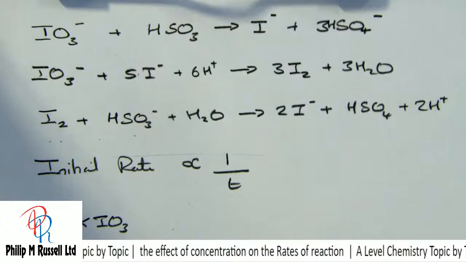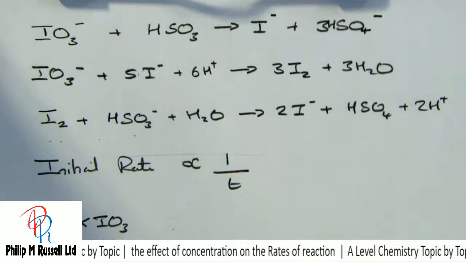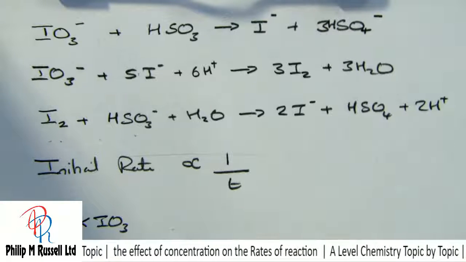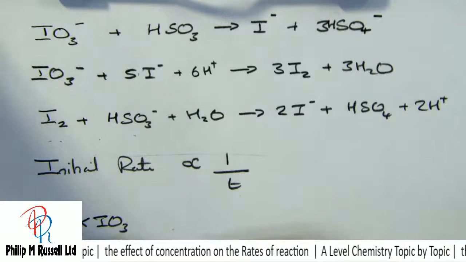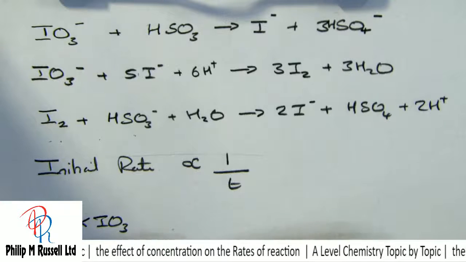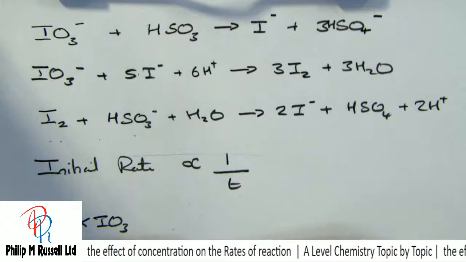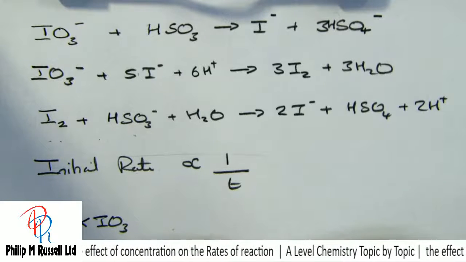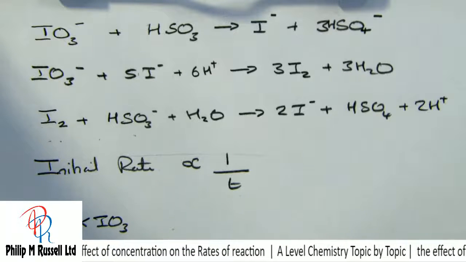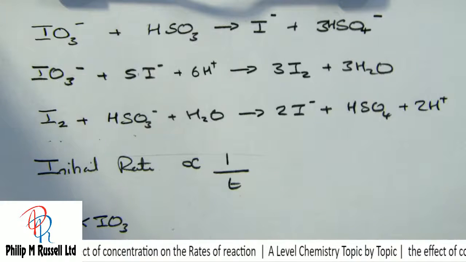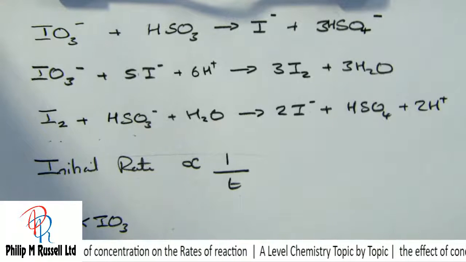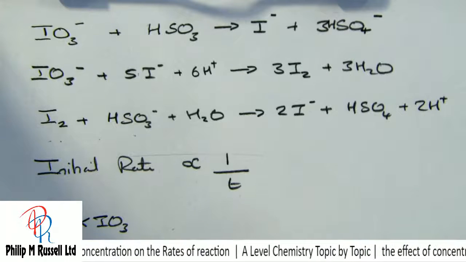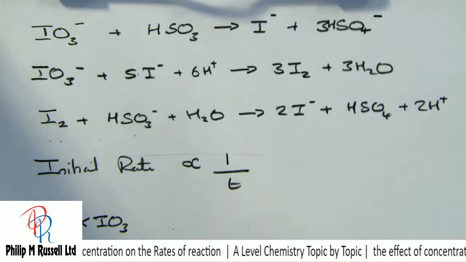Now if we do a few calculations on this, then we get this idea that the molecular weight of KIO3 is in fact 214. So if I make up a 1 molar solution of this, we would put 214 grams in 1,000 mLs.